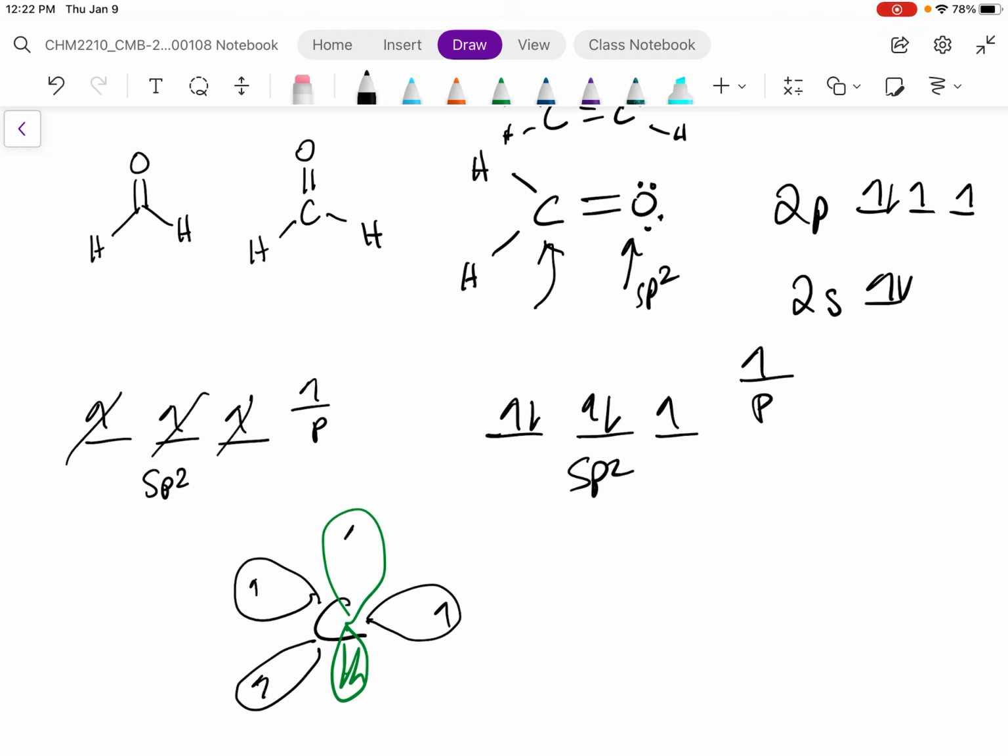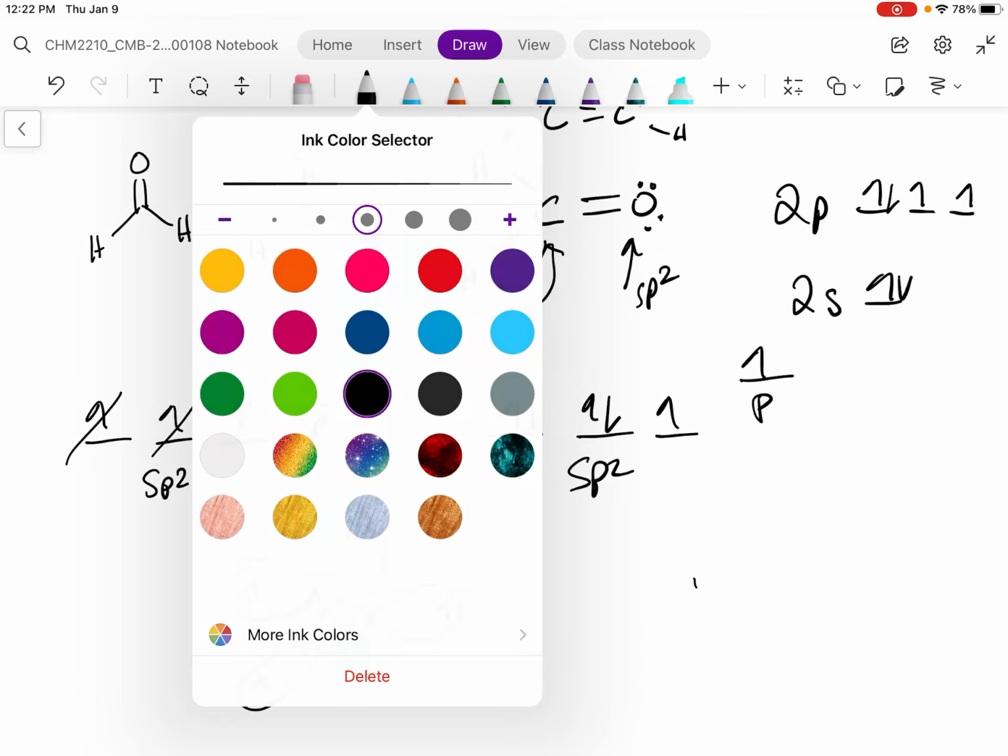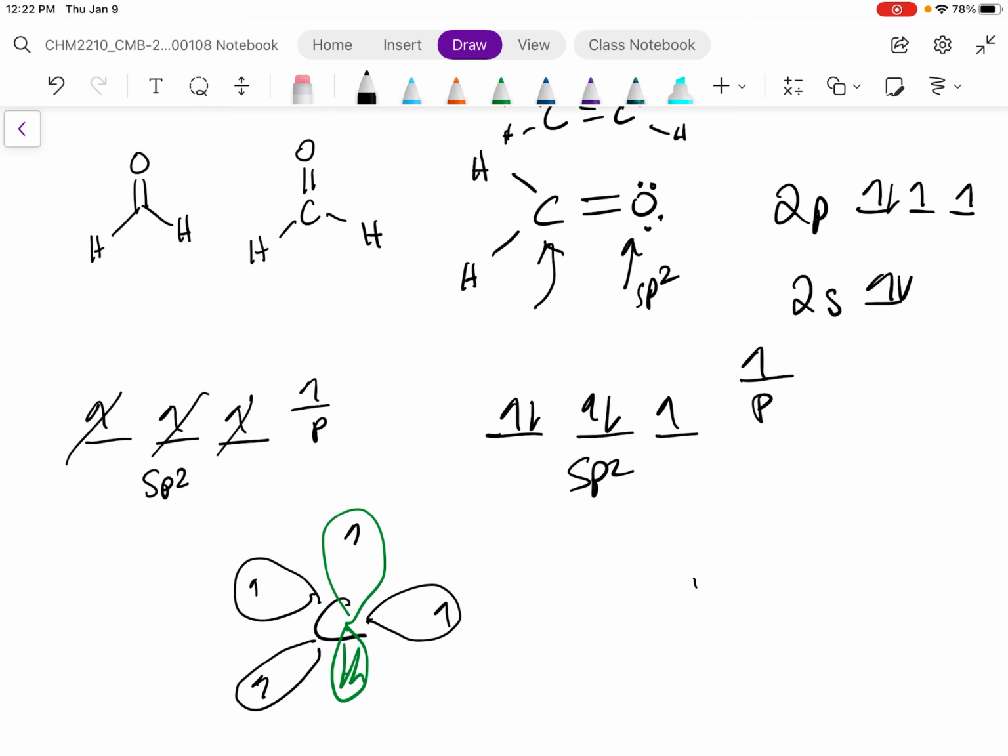And then we have 1 in the p, just like that. We then also have what? The oxygen atom. And we said oxygen atom is sp2 as well. Let's move that over a little bit. Okay. So that has sp2, sp2, sp2. It also has a p orbital.